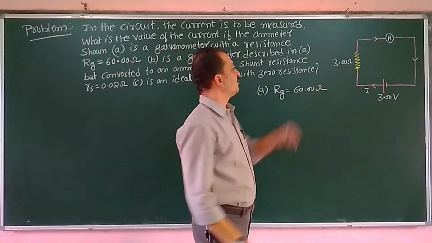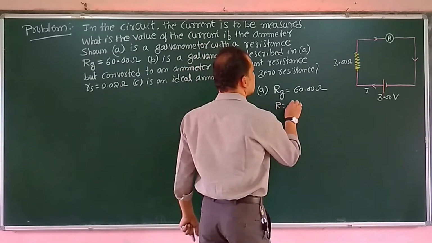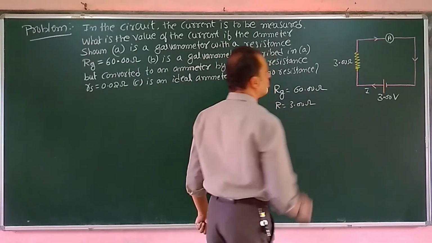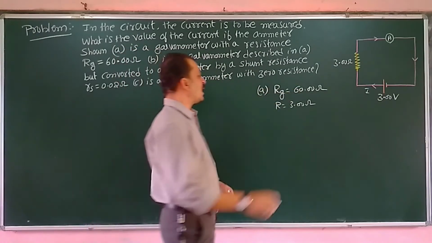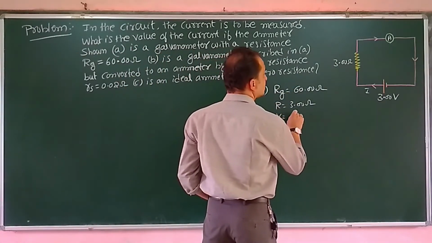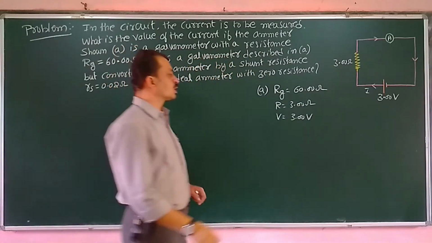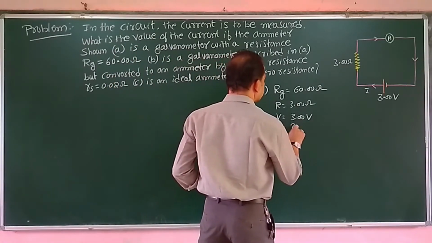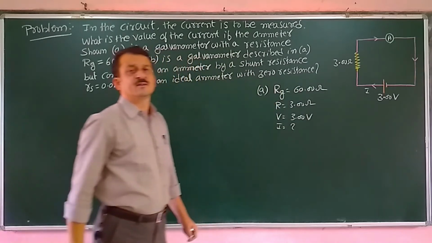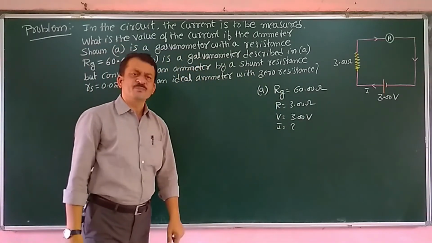And here we have an external resistance R equal to 3 ohm, with a battery of voltage V equal to 3.00 volts. We have to work out the current flowing through the circuit.